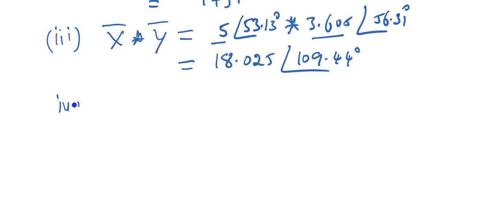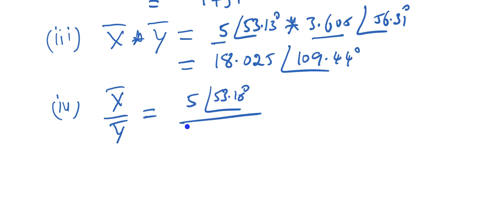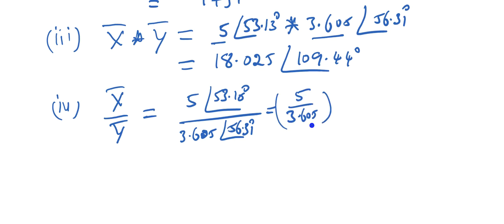If you have the division, division is also very easy, because you have to do 5 angle 53.13 by 3.605 angle 56.31. So this is 5 by 3.605, and for the angle, you subtract phi1 minus phi2: 53.13 degrees minus 56.31 degrees.